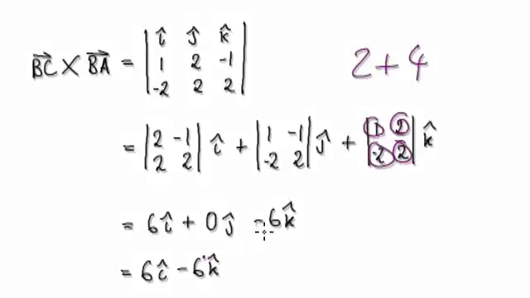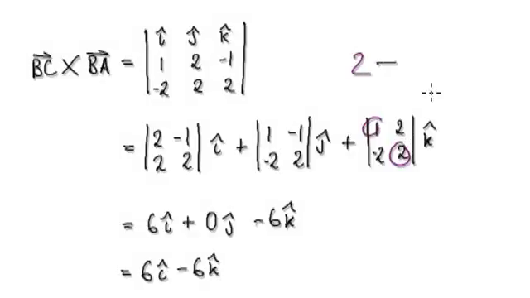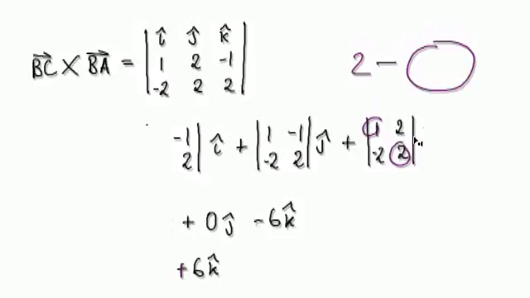So that would, hang on, let me think. Let's start again. This times this would be 2, and then take away this. This should be a plus then. Bear with me. Is that right? Let me double check.